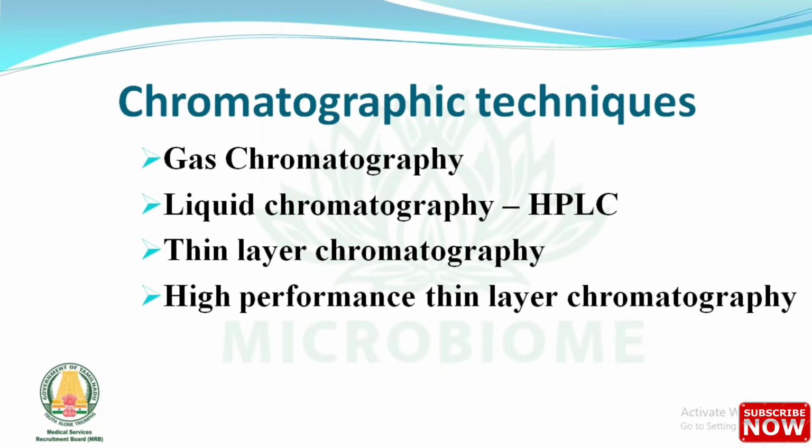And high performance thin layer chromatography is used for fingerprint analysis of food products. The applications of high performance thin layer chromatography are determination of food adulterants such as argemone in mustard oil, separation of food colors in food sample, and determination of residues of mycotoxin in food products.